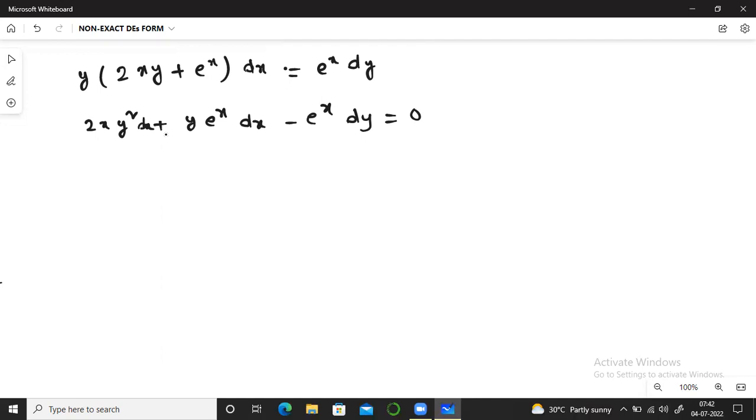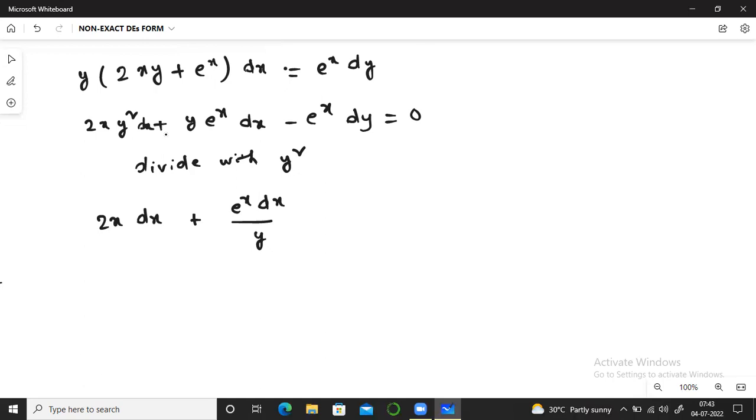If you divide with y square, let us say I am dividing with y square, 2xy square into dx gives 2x into dx only, plus y into e power x dx by y square, which means e power x into dx over y. Is it right?